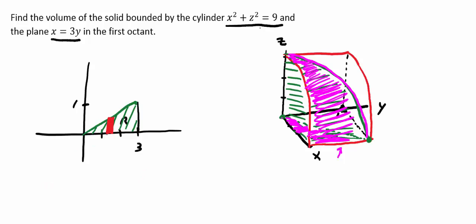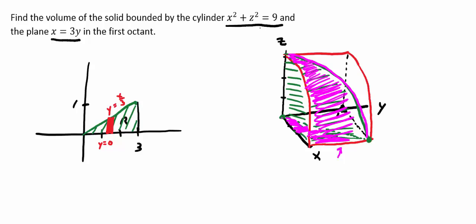The bottom of this rectangle is given by a height of 0, y equals 0. The top of this rectangle is given by x equals 3y, but for vertical rectangles you're going to want y as a function of x, so y equals 1/3 x, or x over 3.